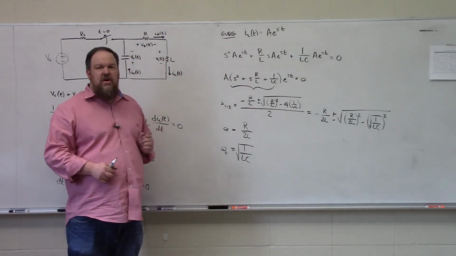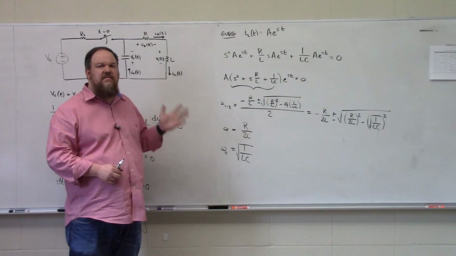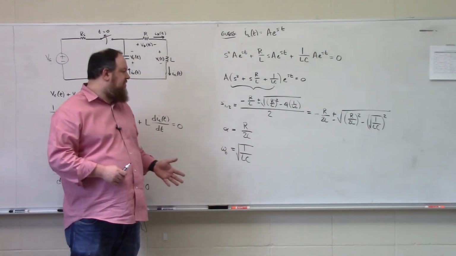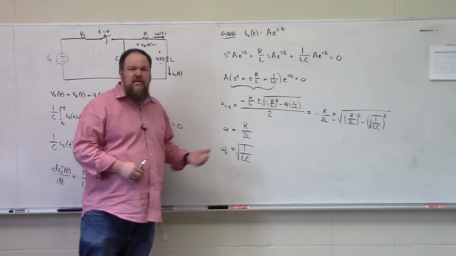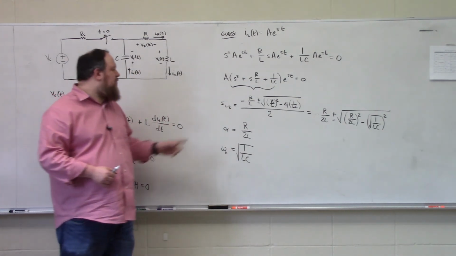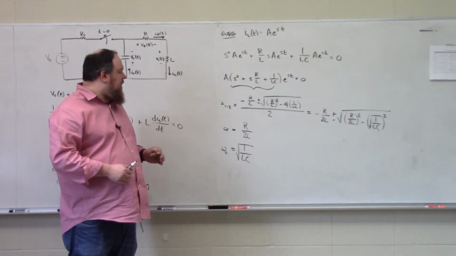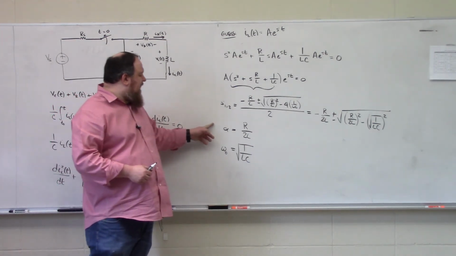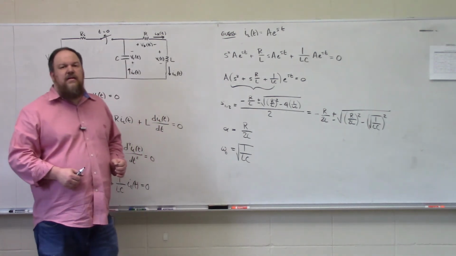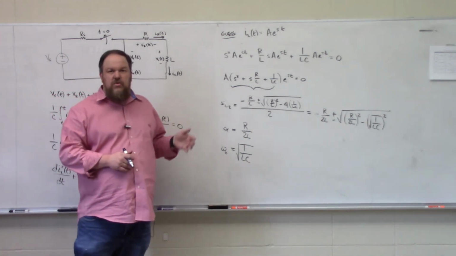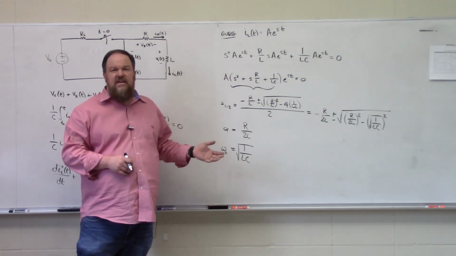And from this point on, the analysis of the circuits is the exact same thing that you did with a parallel RLC circuit. So when alpha is greater than omega naught, the circuit is overdamped. When alpha is equal to omega naught, the circuit is critically damped. And when alpha is less than omega naught, the circuit is underdamped. You will do the analysis in the exact same order.